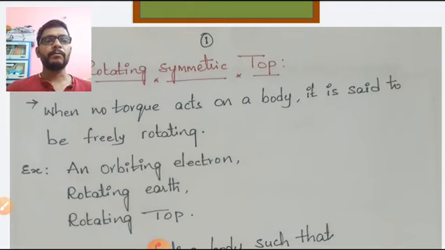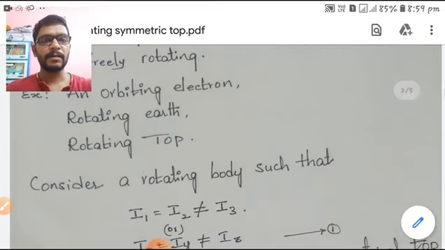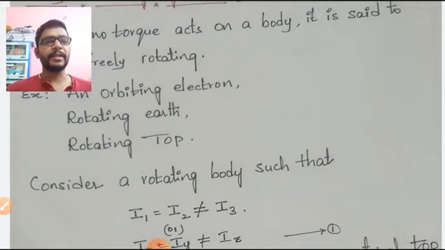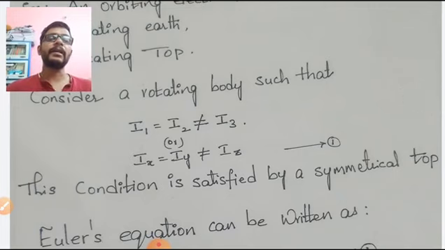Now, what we are assuming is that no torque acts on the body. Then what happens? Let us see here. Consider a rotating body such that I1 is equal to I2, which is not equal to I3. Otherwise, Ix is equal to Iy, not equal to Iz.